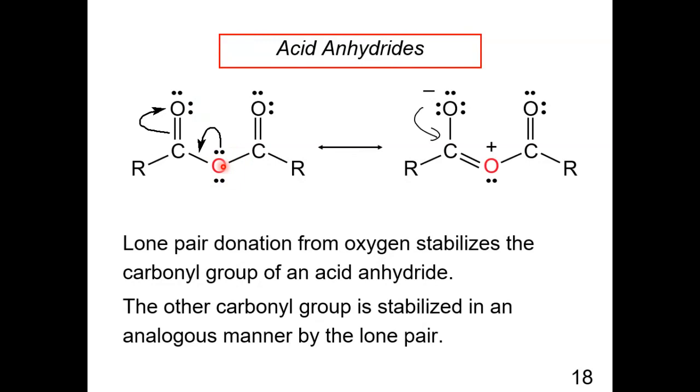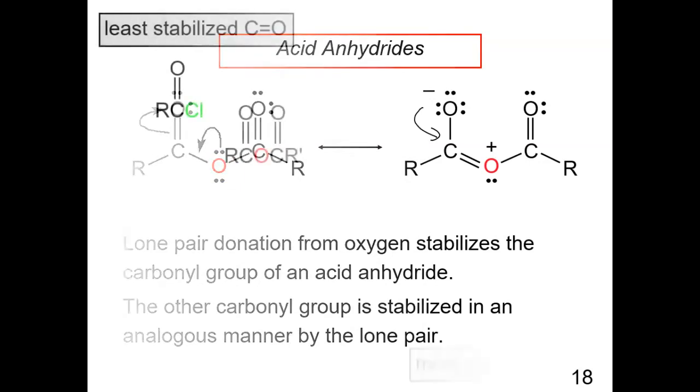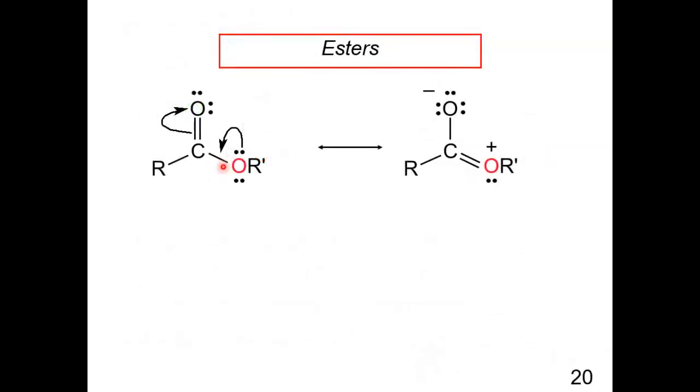So each one only gets a half. That's why in ester the carbonyl is substantially better stabilized than in anhydride: two carbonyls share one electron donating oxygen, while in ester each carbonyl exclusively enjoys the stabilizing effect of a single oxygen. Of course, the ester is better stabilized.